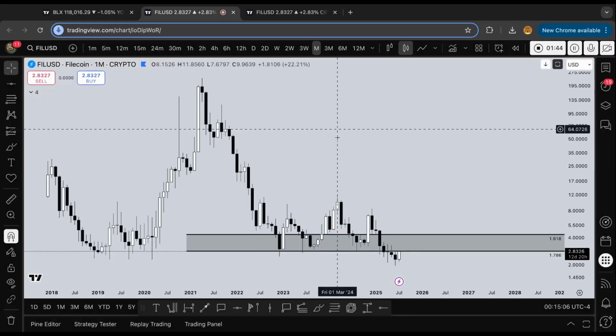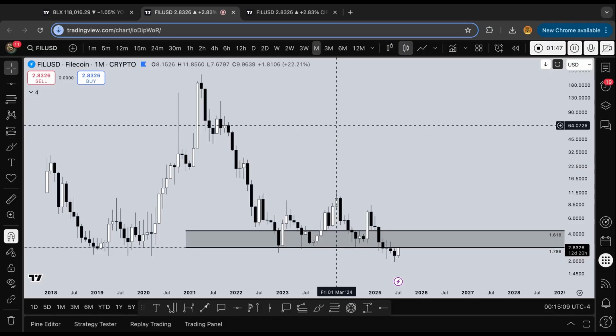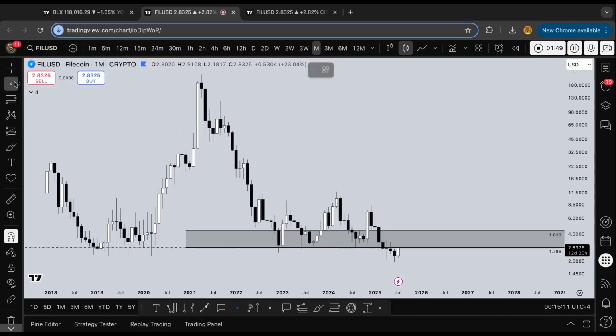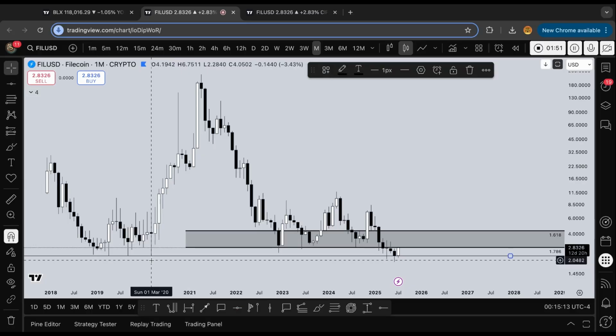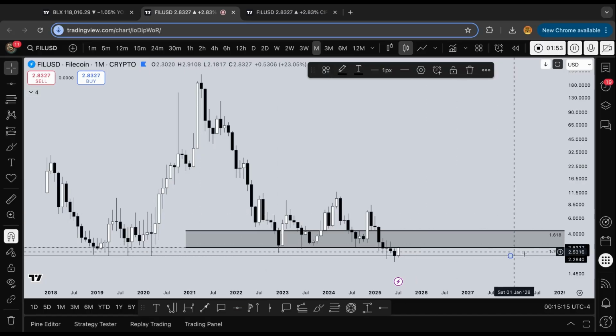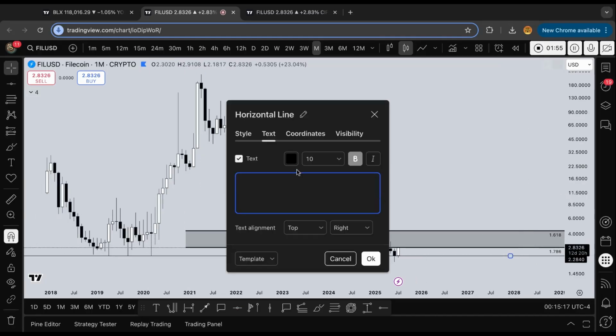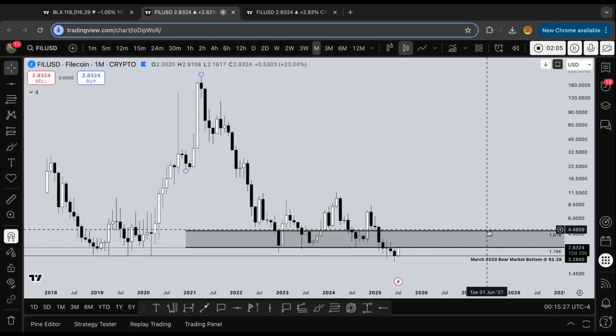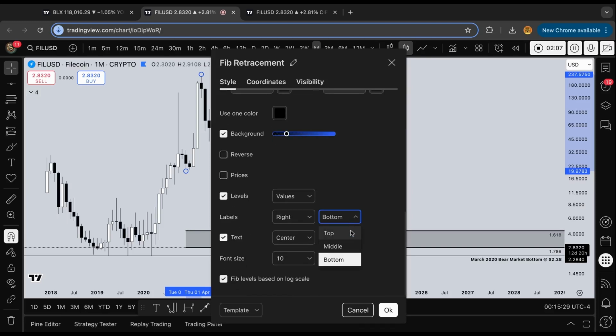Okay, so after that, we can also mark a very important level, which is the March 2020 bear market bottom. Let me just label that really quickly. March 2020 bear market bottom at $2.28. Let's put that to the top.